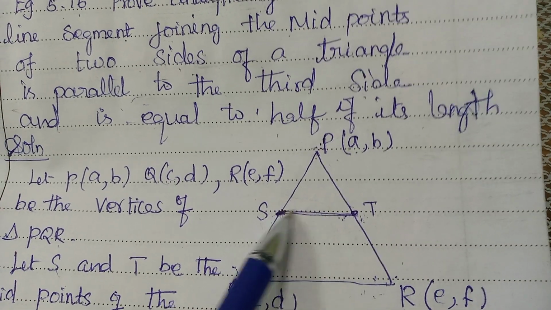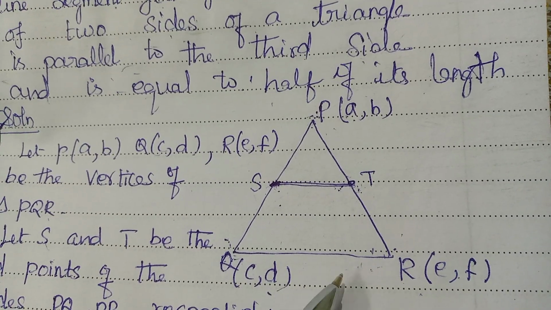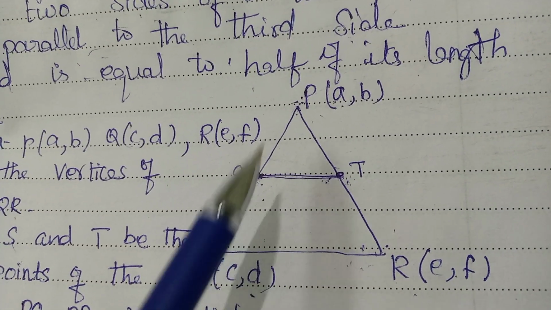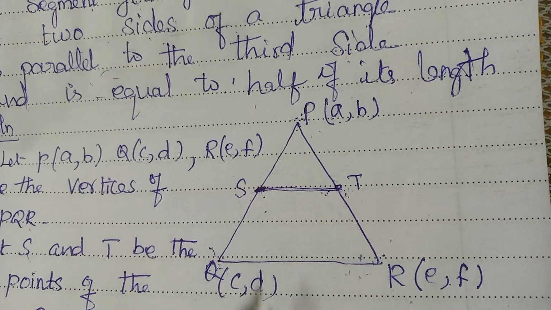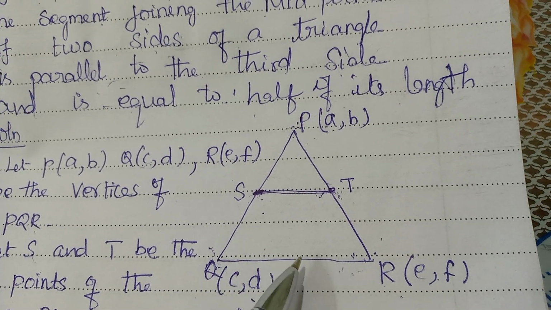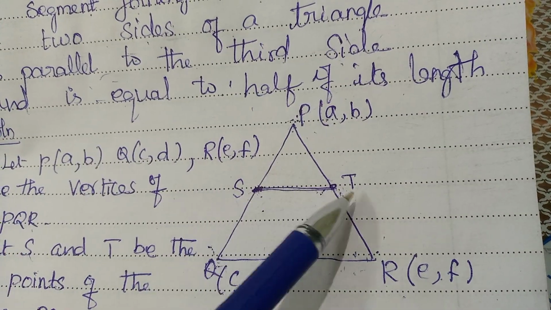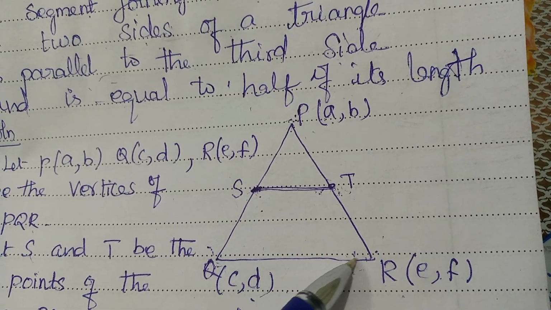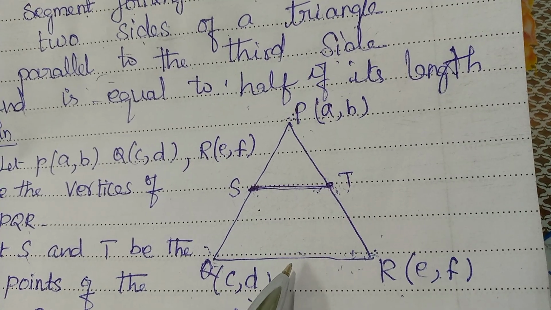How can we prove it? Using the distance formula we have to find the distance of ST and the distance of QR. By that we can prove the length of ST is half the length of QR. So this one we can complete in the next class.